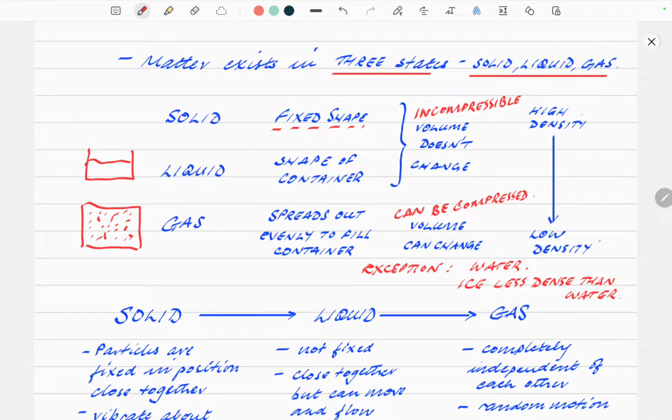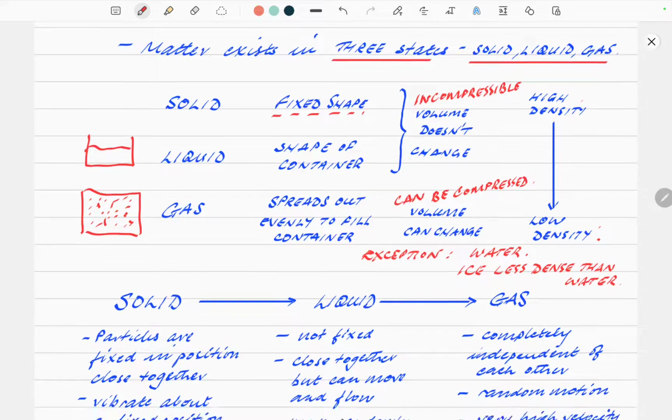It's to do with the structure of the water molecule and polarity, etc. Don't need to go there in this particular video. But just remember that ice is less dense than water. It defies this particular rule. Almost every other substance will obey the density rule. Solids are most dense. Gas is the least dense.